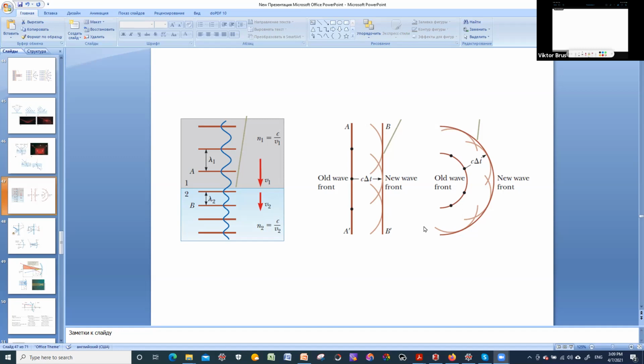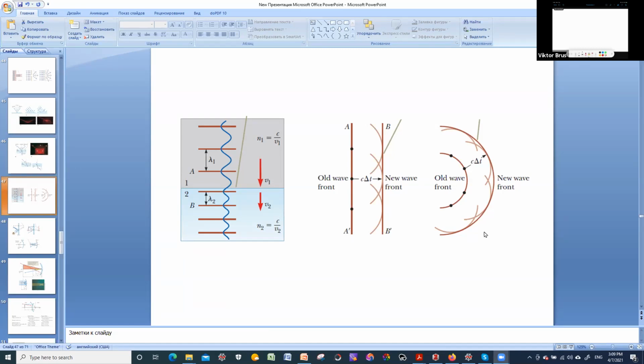So they propagate through the medium with a speed characteristic of waves in that medium. And after some time interval, the new position of the wavefront is the surface tangent to the wavelets. So this is the fundamental concept which stands behind this Huygens principle.